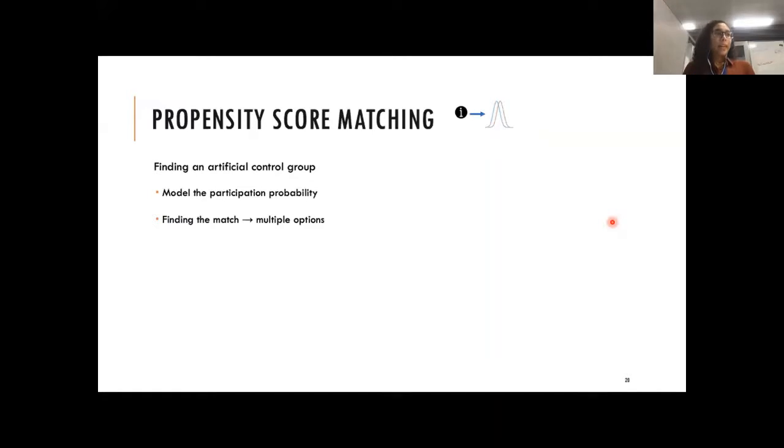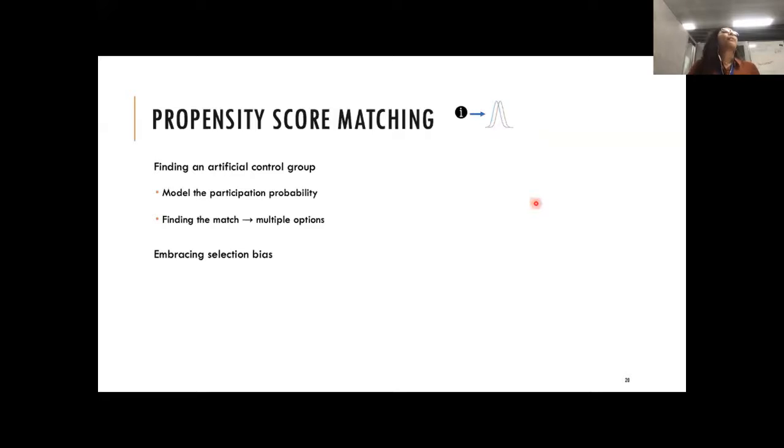So I model that and then use those probabilities to find similar people. For each participant, I try to find a person who didn't receive the treatment that is as likely as my participant to be in the program, to be treated.